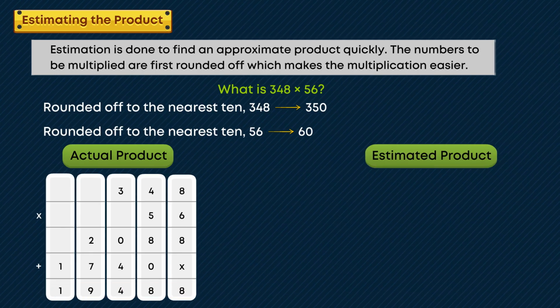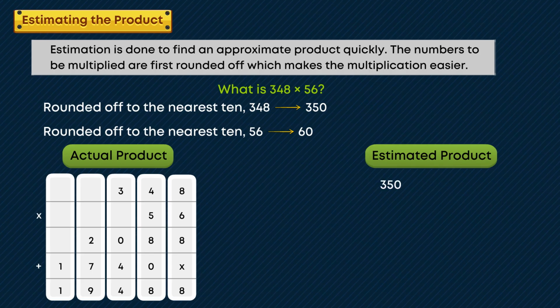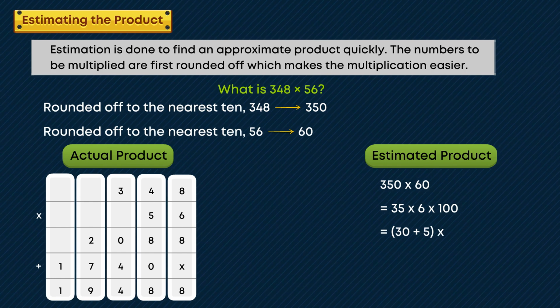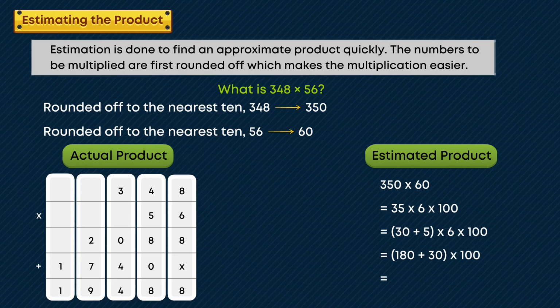Estimated product. 350 into 60 is equal to 35 into 6 into 100, is equal to 30 plus 5 into 6 into 100, is equal to 180 plus 30 into 100, is equal to 210 into 100, is equal to 21,000.